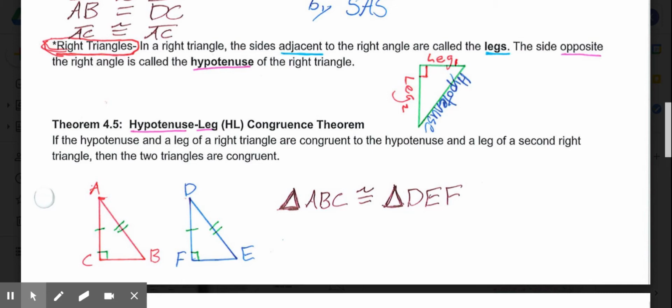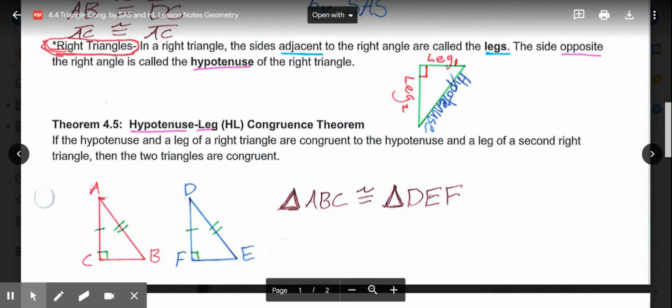The reason these two terms are important is in theorem 4.5, known as the hypotenuse leg congruence theorem. This one's not a postulate, but a theorem. Same concept, but in this case we're specific to just right triangles. If it's not a right triangle, we don't have a hypotenuse to speak of.